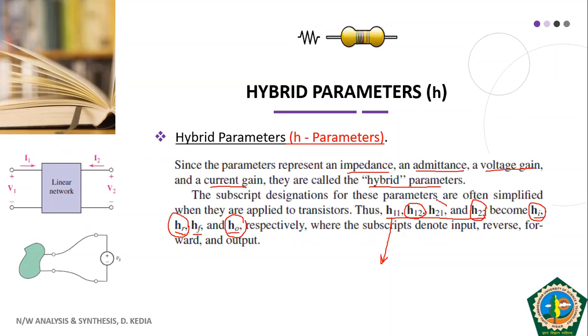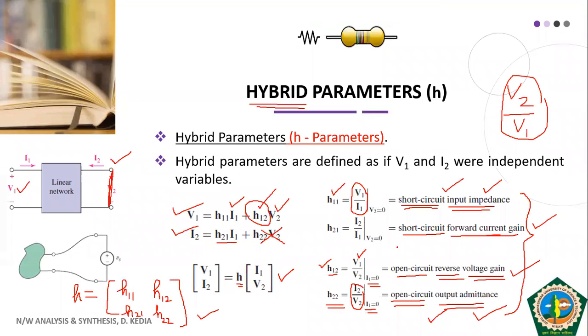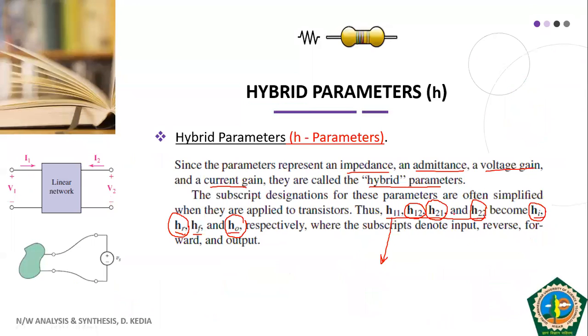And H21, this was our forward current gain. I hope I'm repeating the correct terminology. So H21 is your forward current gain. So that's why your H21 is nothing but your HF.